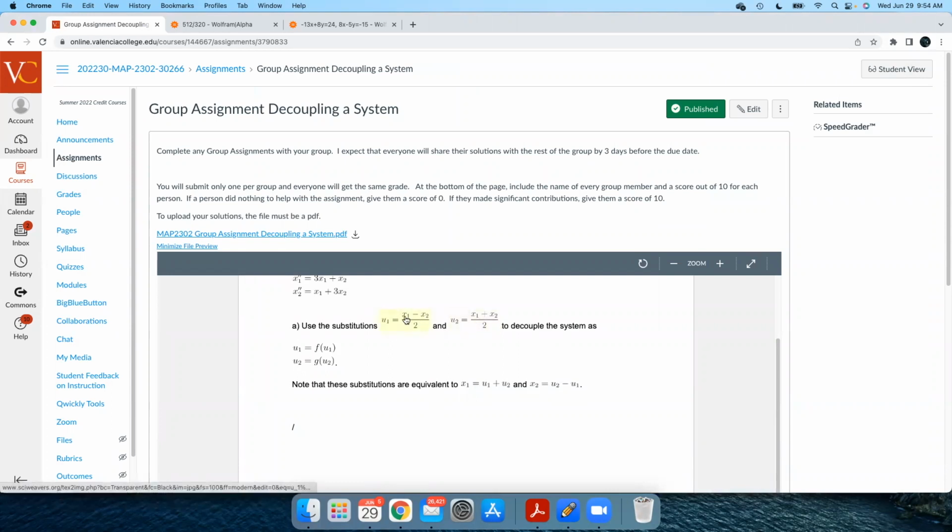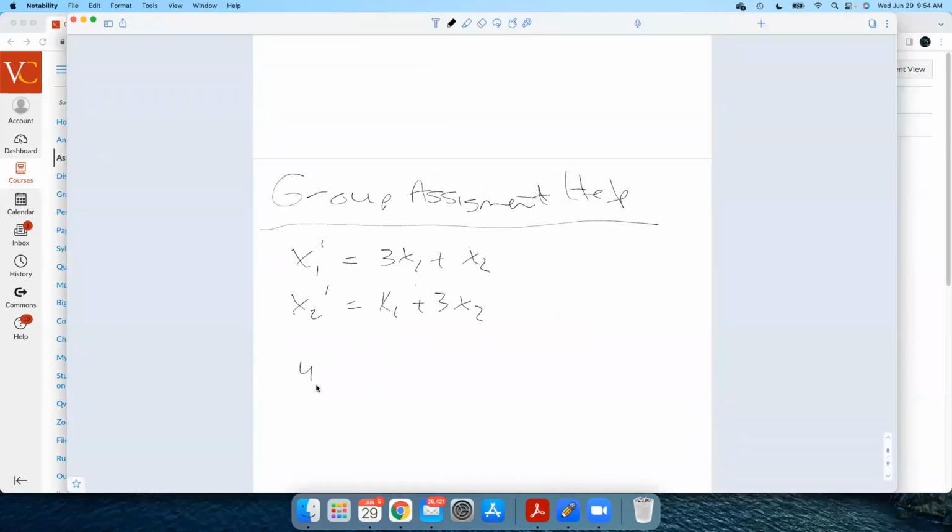Or I could make this x2 minus x1 and it still works out. These were just the ones I chose that worked out the best, I think. So u1 is the difference and u2 is the sum.